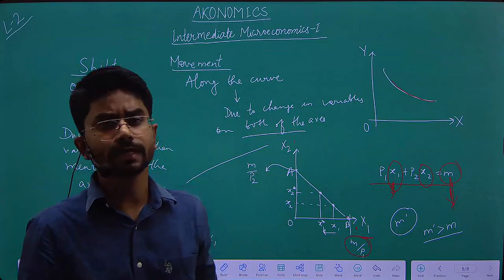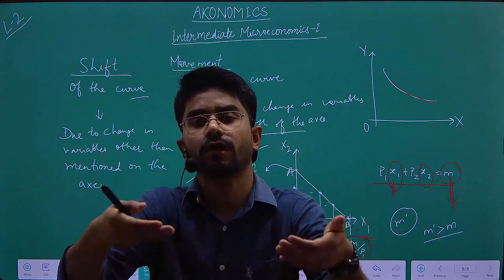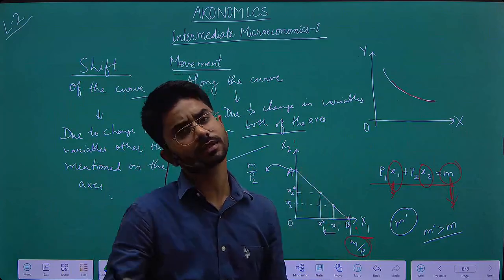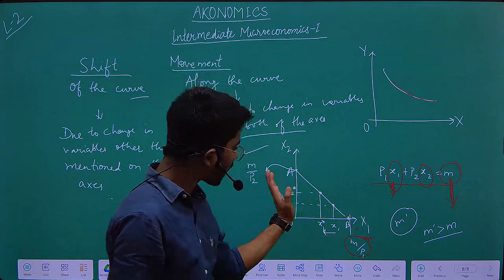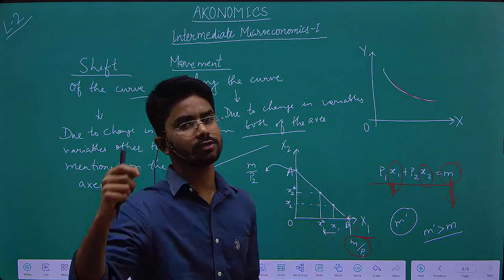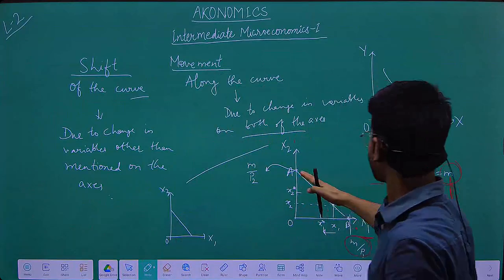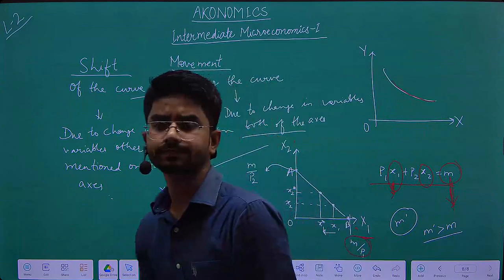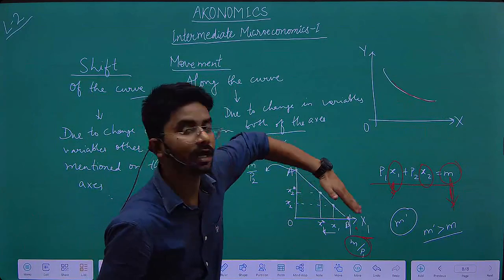An increase in income gives you a higher level of consumption of these two goods if they are consumed independently. That means if you consume only one good, you can consume a higher level. Then, if you join those two points, you get the budget line lying to the right of the original budget line, or above it. This budget line has shifted outward.